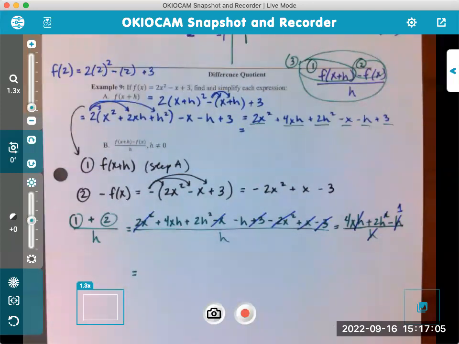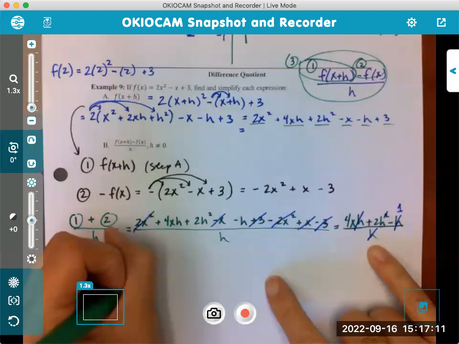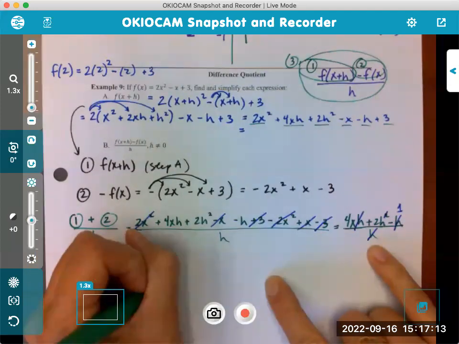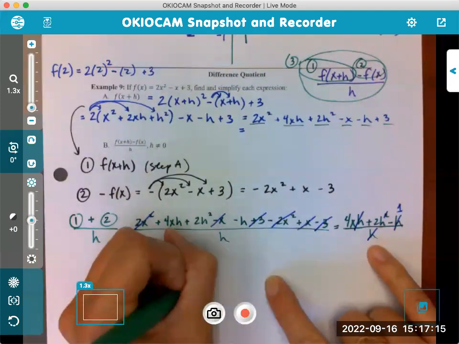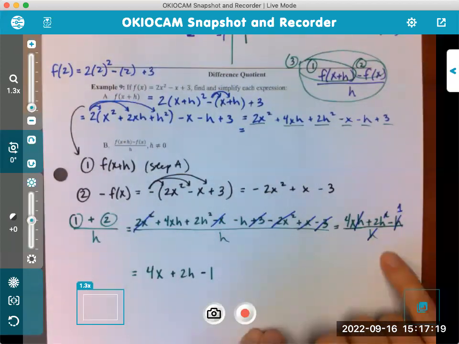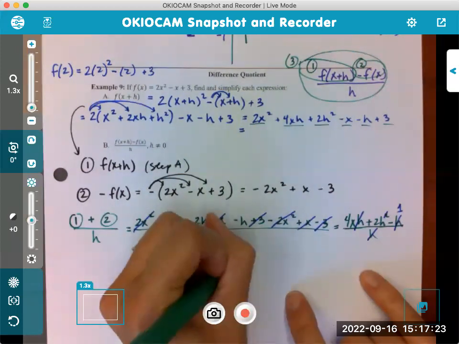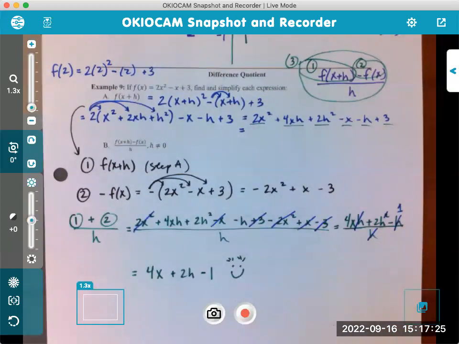Yeah, you're on the right track, because everything will have an h, and then you'll take an h out of every position. So you're left with 4x plus 2h minus 1, because remember, you need a placeholder for that h right here. And that is, ta-da, your difference quotient.